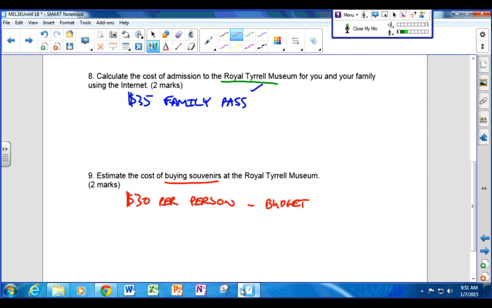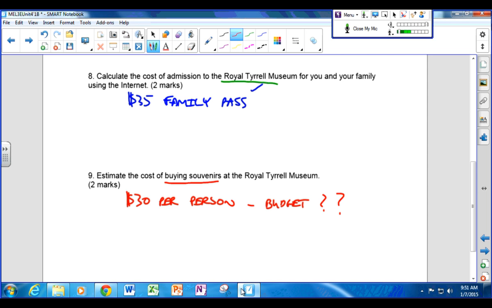Now, maybe someone will spend $25 for their stuffed dinosaur, and maybe it would be okay for another person to spend $35 for their souvenir, as long as it works out to $30 per person. So that's the sort of decision you can make in advance, and then you stick to it, right?